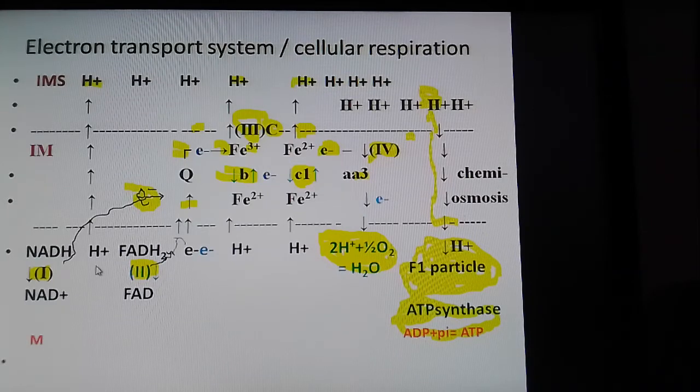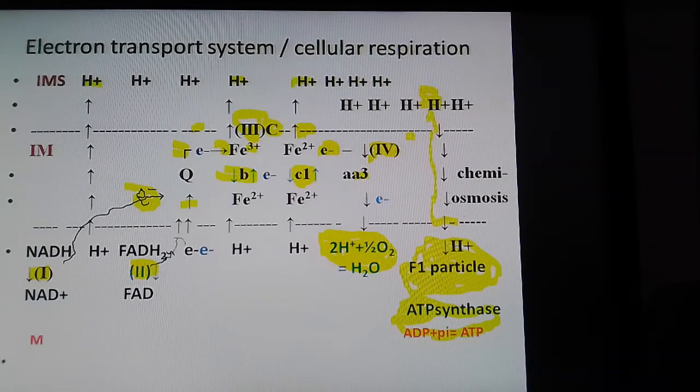So the energy that's produced during the movement of the electron is sufficient for the pumping of hydrogen from the matrix region to the intermembrane space at the oxidation of NADH to NAD by the complex 1 enzyme system. That way you can understand.